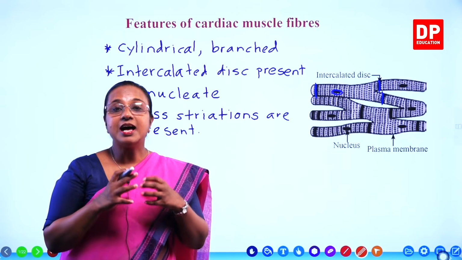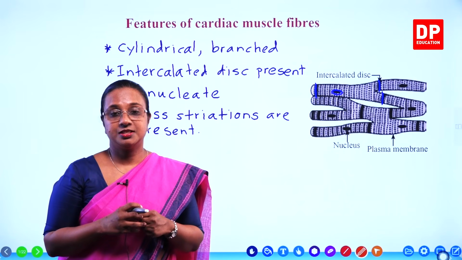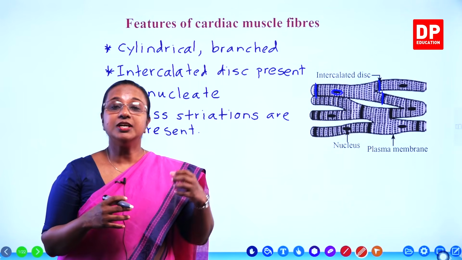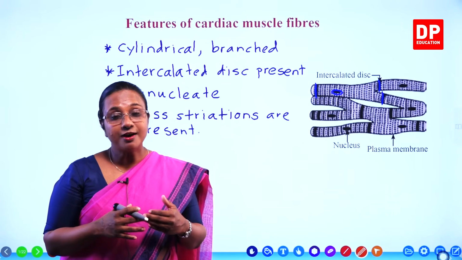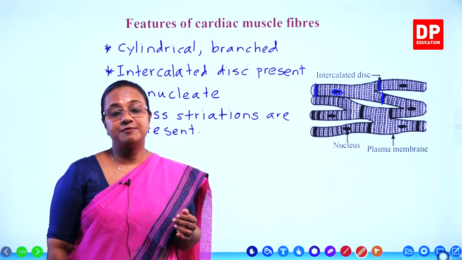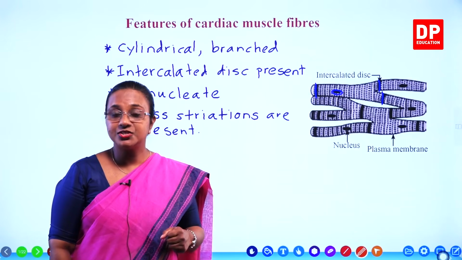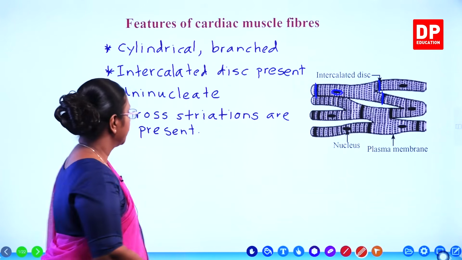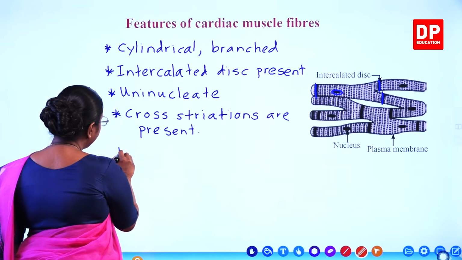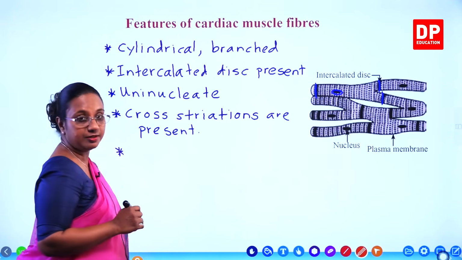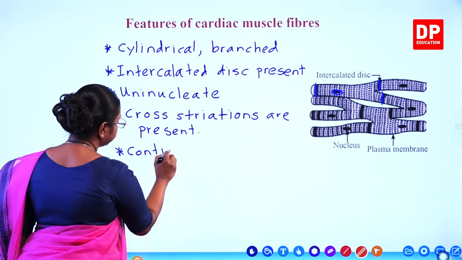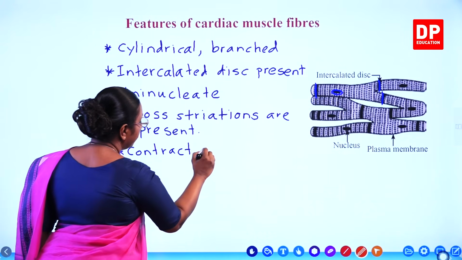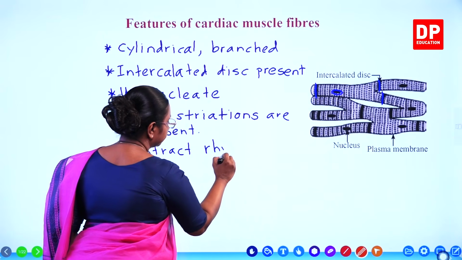So when the heart functions, it has to contract and relax rhythmically. So therefore, the cardiac muscle fibers also contract rhythmically. So that is a functional feature of the cardiac muscle. Contract rhythmically.